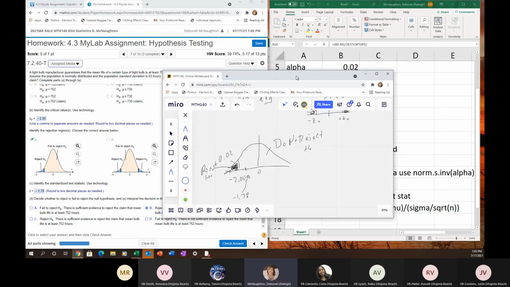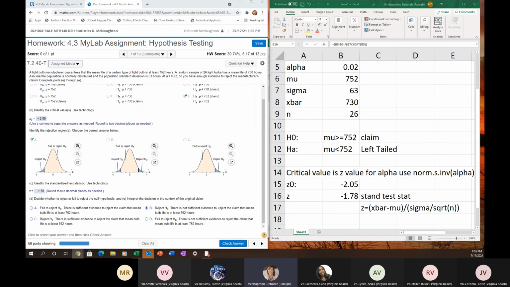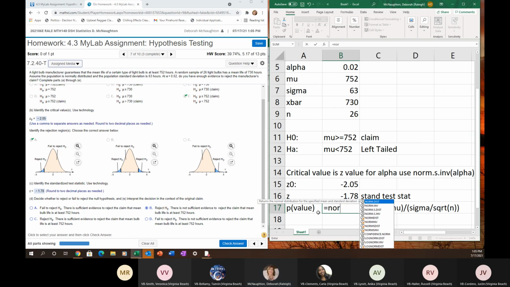And then I also wanted to show you that we could also calculate a p-value for this so that you could see that the p-value is actually going to be greater than 0.02. So if we want to calculate a p-value, we do that using norm.s.dist.